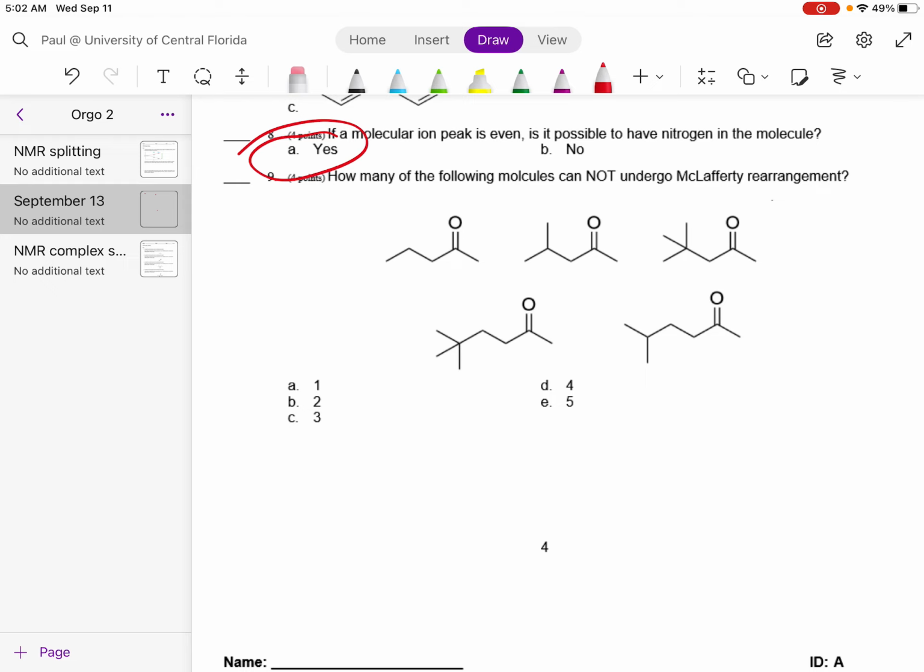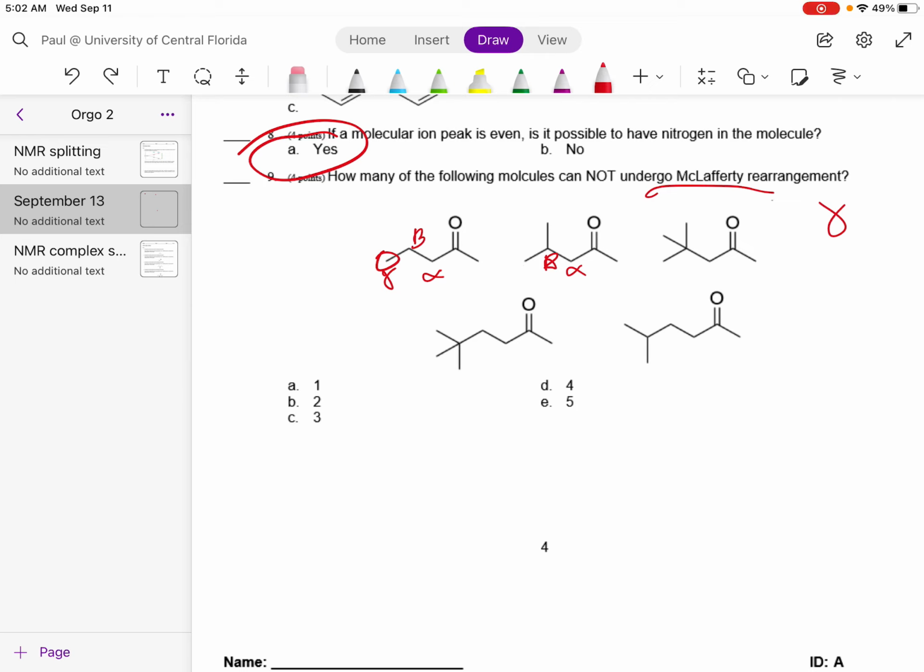How many of the following molecules cannot undergo McLafferty rearrangement? So the McLafferty rearrangement simply means that you have to have a proton on the gamma carbon. So if we look at these things here, we have alpha, beta, gamma. Are there hydrogens on that gamma? Yes, so that can. Alpha, beta, gamma.